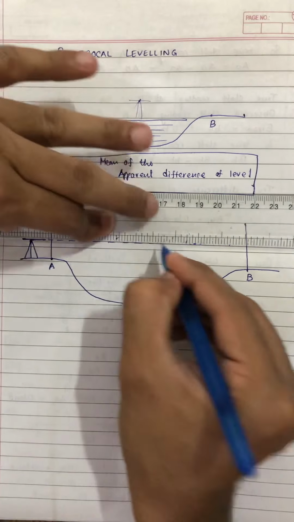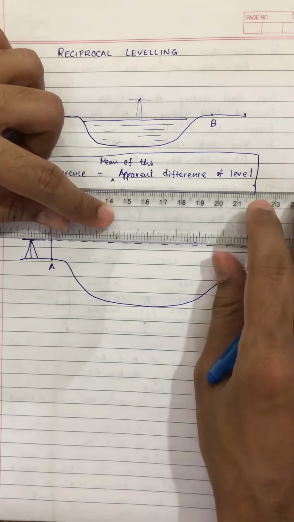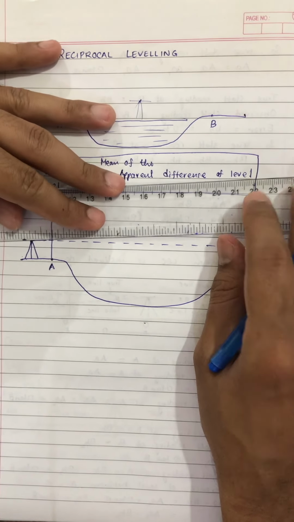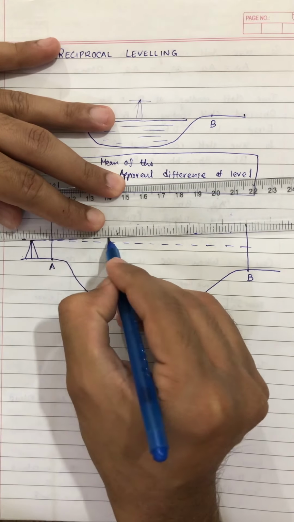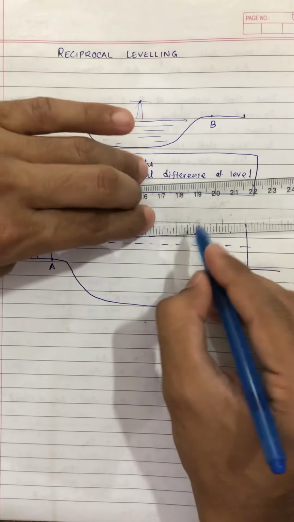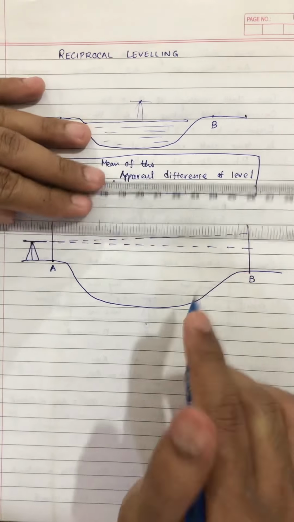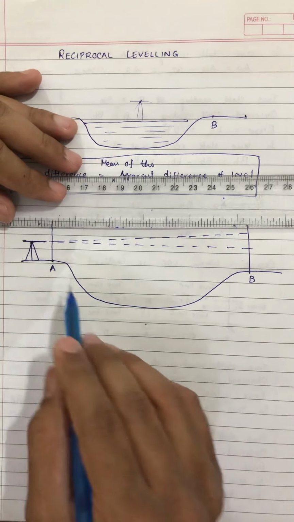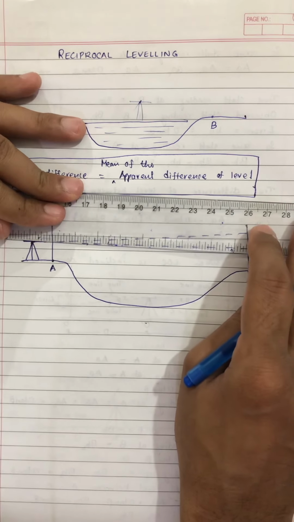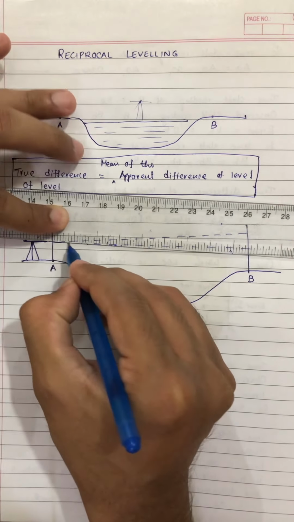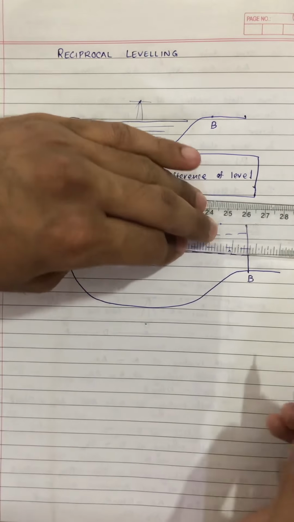Now, as this level is very near to point A, suppose this is the horizontal line of sight or line of collimation, and suppose the collimation line is moving in the upwards direction. One more line we have to make, which is the level line, and this level line will be parallel to the surface of the earth.